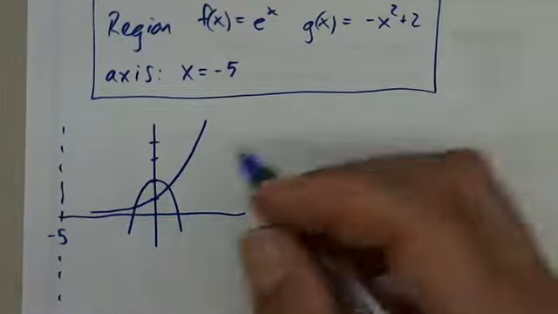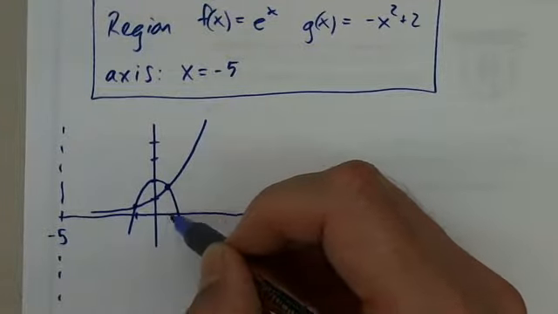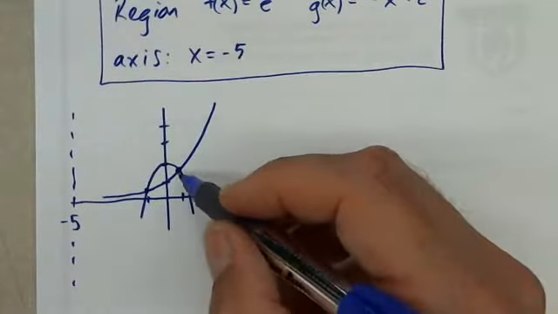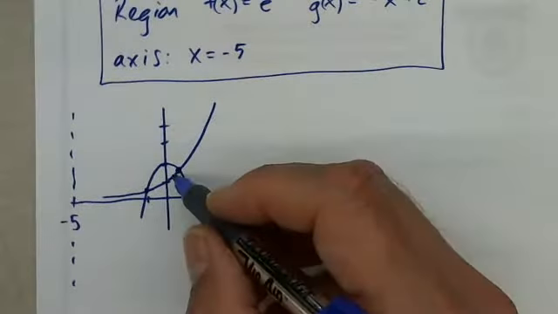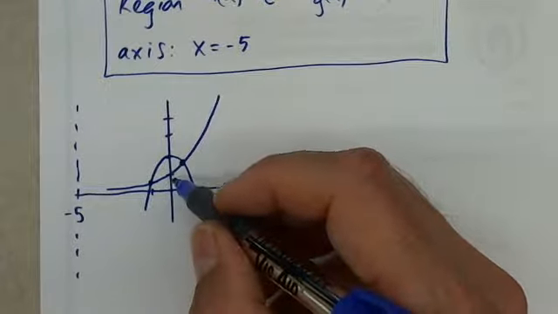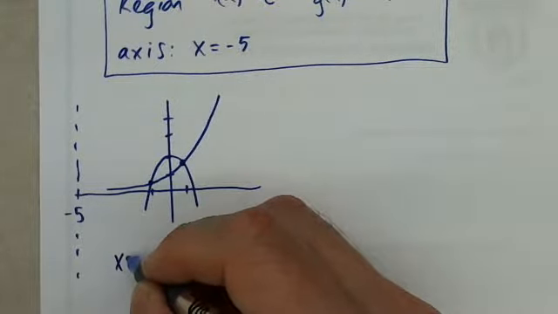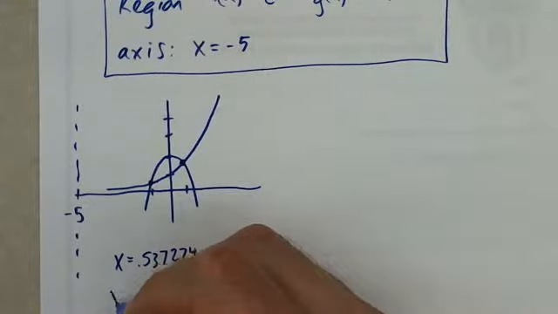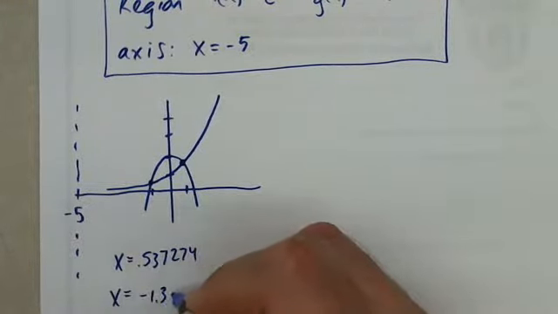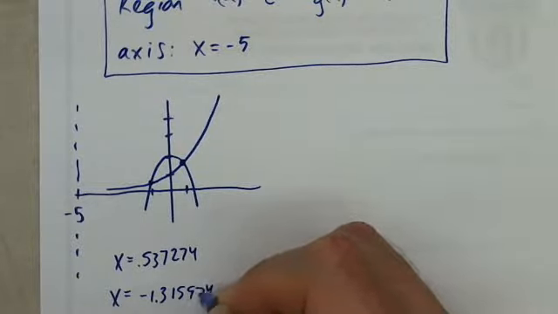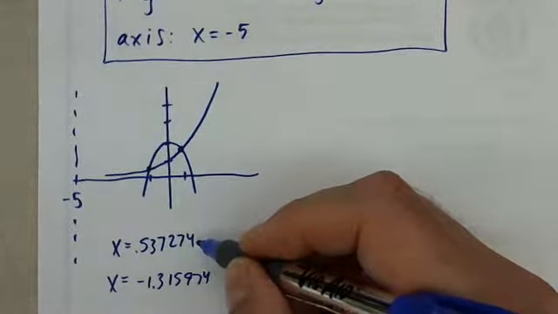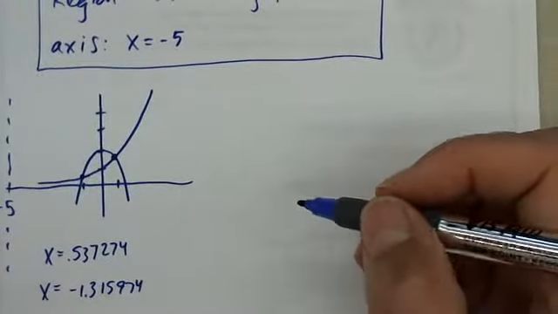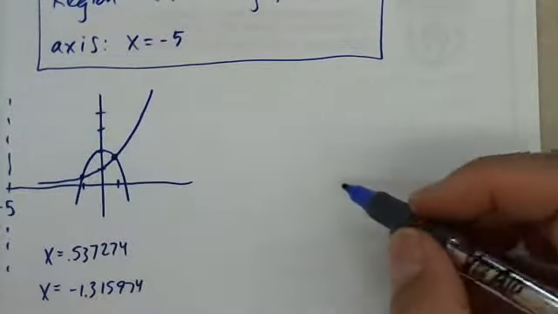And we have to find the intersections because that's going to determine the interval that we integrate on. On the calculator, we graph the two functions and find the intersections. Don't round until you get to your final answer. So here we're going to keep more decimal places. So let's zoom in on the area that we want.